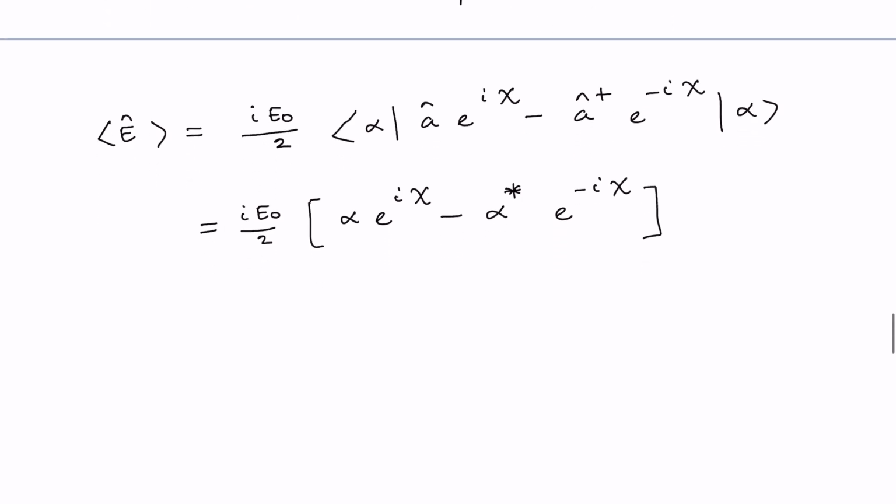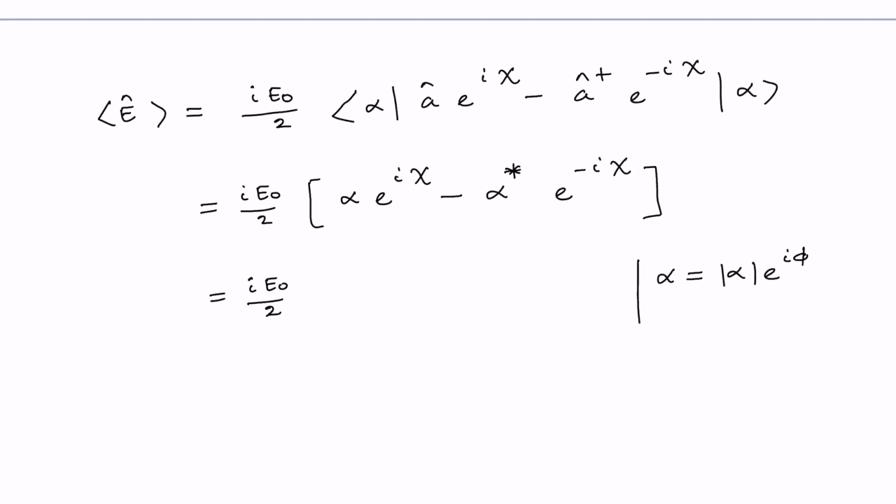Okay, and this is going to give me i E0 by 2, and alpha is a complex quantity, so if I take alpha as mod alpha e to the power i phi, where phi is the phase of the coherent state, then I can write it as i E0 by 2 mod alpha times e to the power i(chi plus phi) minus e to the power minus i(chi plus phi).